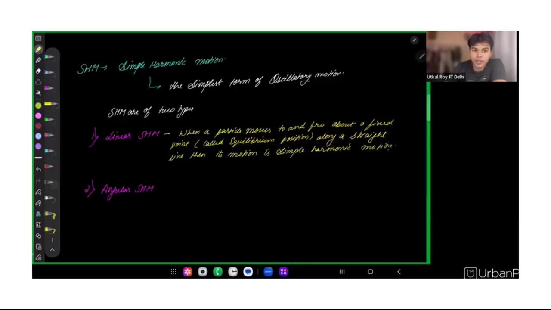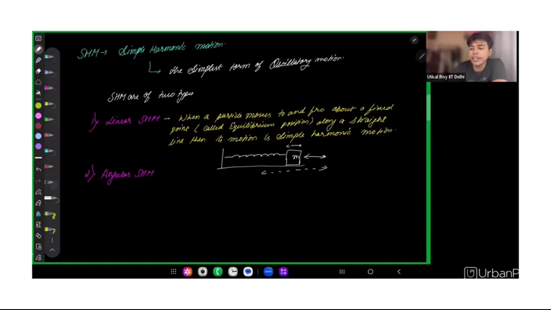For example, a mass is connected to a spring. Very simple example. A block of mass M on a spring goes to and fro like this. This is an example of linear SHM.